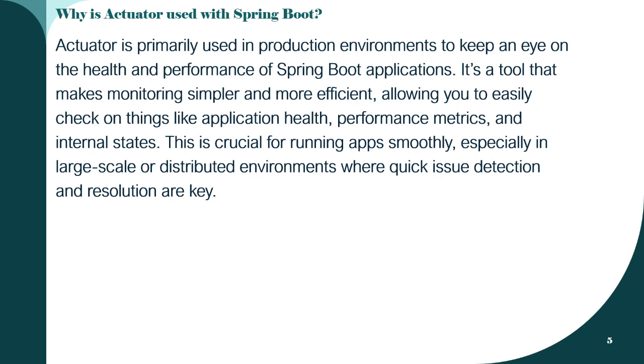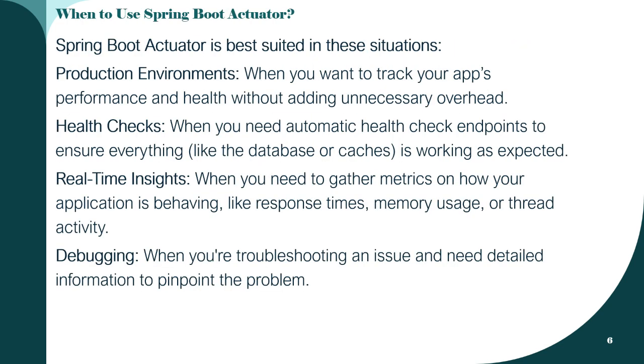This is very crucial when your application is running and something goes wrong, especially with a very large application, or when the application is deployed in a distributed environment. For issue detection and resolution, these metrics are quite important.